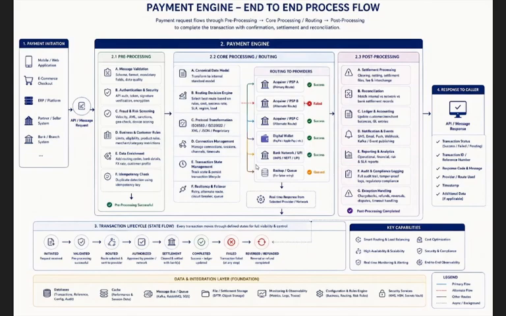Any payment engine has four or five component parts, and we can see the same parts here as well. The flow of any payment engine is that the payment request comes through pre-processing, core processing, routing, post-processing, and to complete the transaction, reconciliation and settlement at the end. So the first part is payment initiation, the second part is pre-processing, and the third part is core processing and routing. The payment engine does this pre-processing, core processing, routing and post-processing inside the engine.